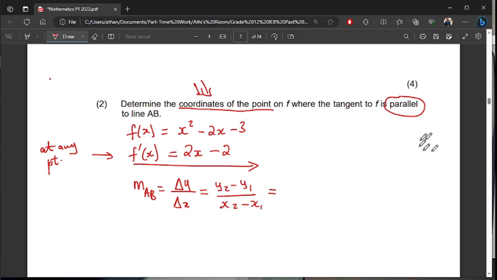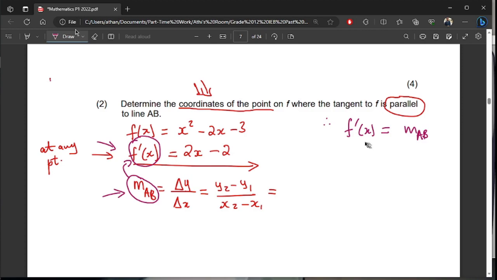Once we find this gradient, it will equal our derivative. Remember, the derivative is for any point on the graph, but this is specifically for the line parallel to AB. So at the end of the day, I will say f prime of x will equal m AB, and then I will get the value for x.